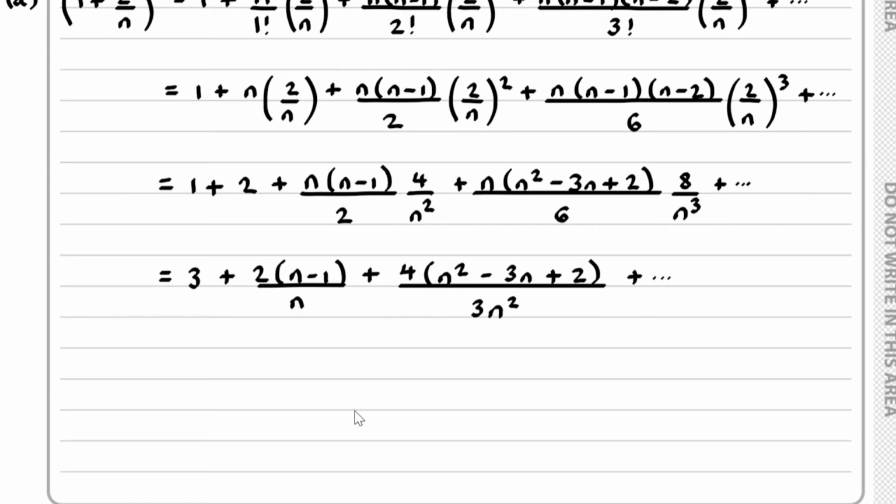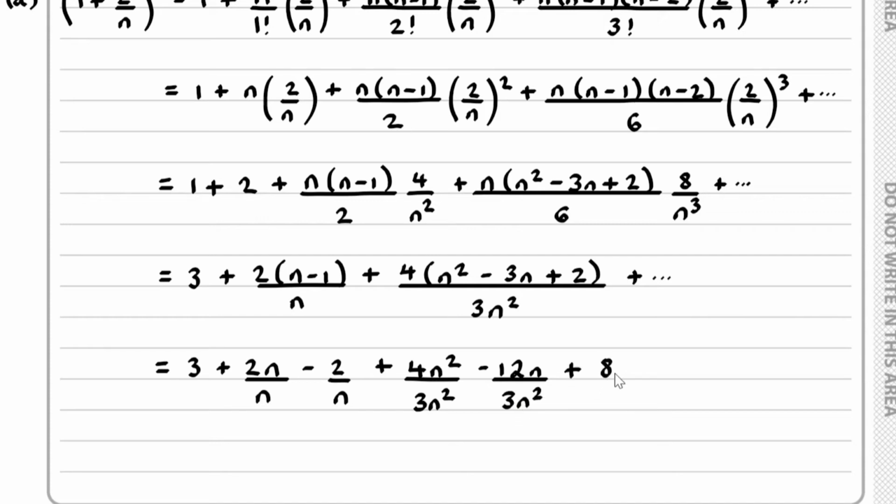So let's simplify this even further by expanding. We have 3 plus 2n over n, subtract 2 over n, plus 4n squared divided by 3n squared, subtract 12n over 3n squared, plus 8 divided by 3n squared, plus higher order terms.